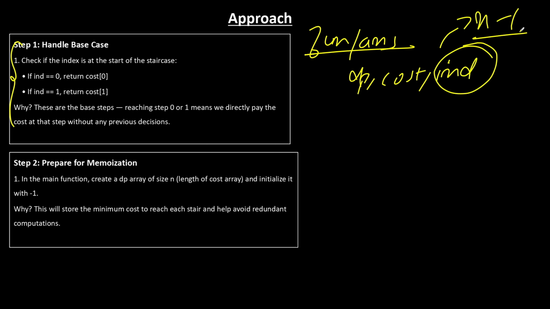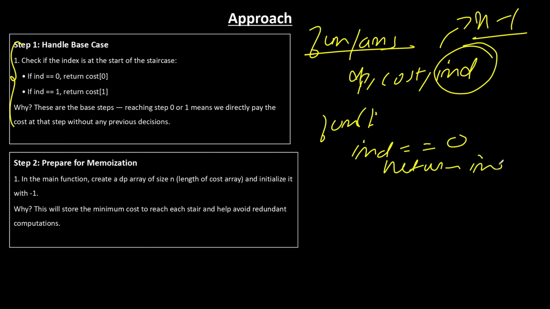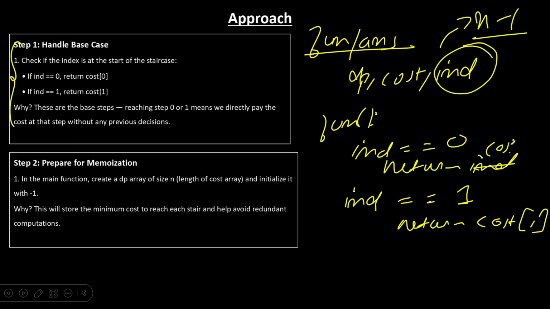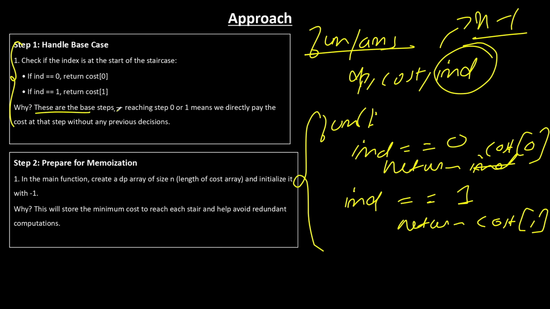So in our base case, suppose this is a function: if index is equal to 0, just return cost of index. If index is equal to 1, return cost of 1. Here I meant cost of 0 actually, I mean cost of index. This way the base case is fulfilled.